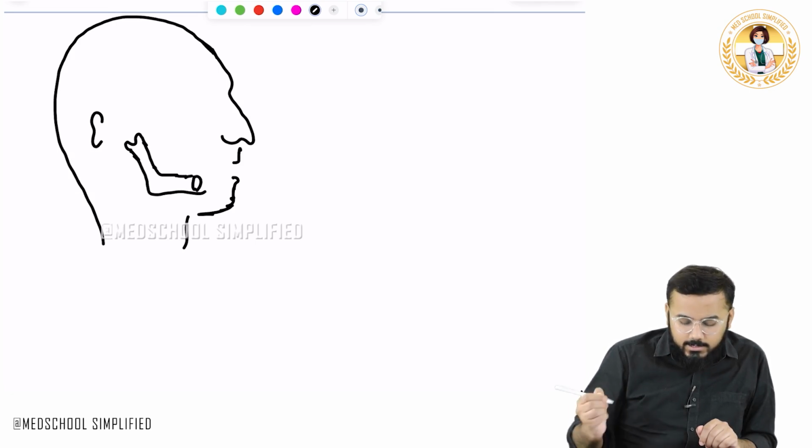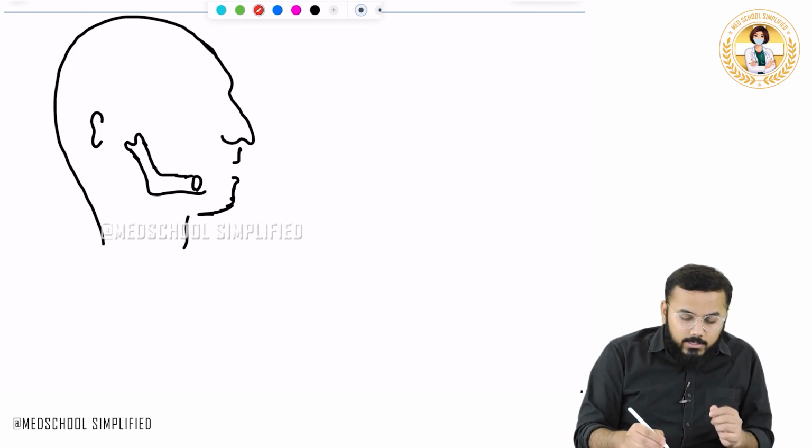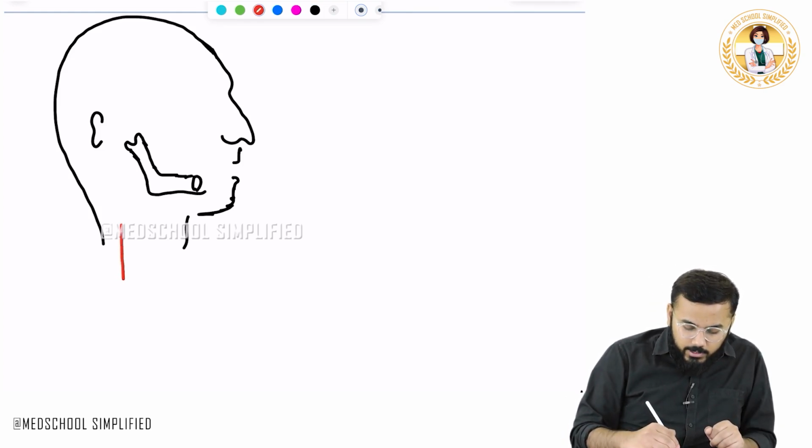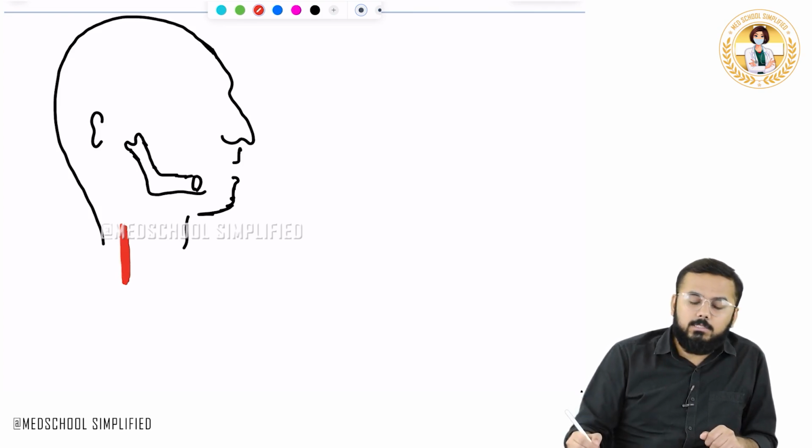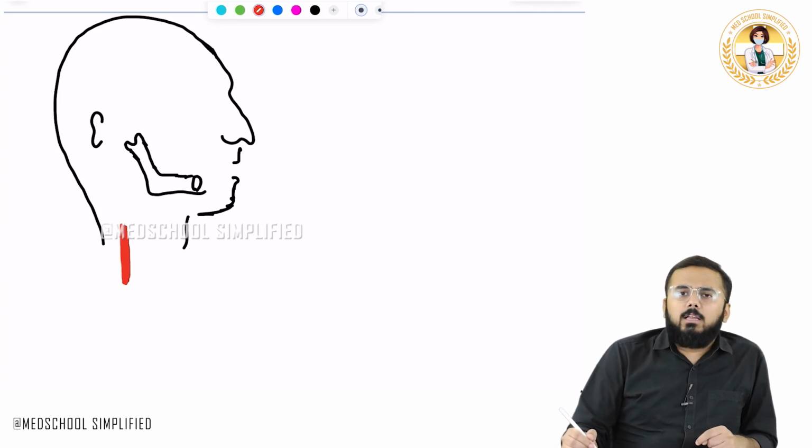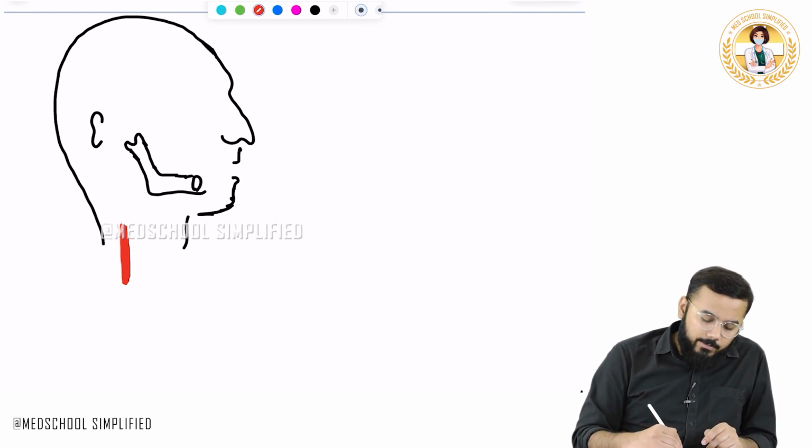Let us say this is the cut section of your mandible. Now, this artery which I am drawing right now is your external carotid artery. I have discussed this external carotid artery in detail. But now I will just draw two branches of external carotid artery. One branch of external carotid artery goes up, right.